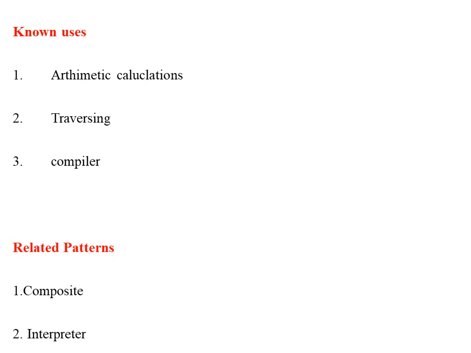The interpreter pattern is also one of the main related patterns for the visitor pattern. As I already told you, for type checking we use the interpreter pattern; the interpreter's intent is checking syntax errors, syntax, semantics and so on. So it acts as a related pattern for the visitor pattern. So this is about the visitor pattern.